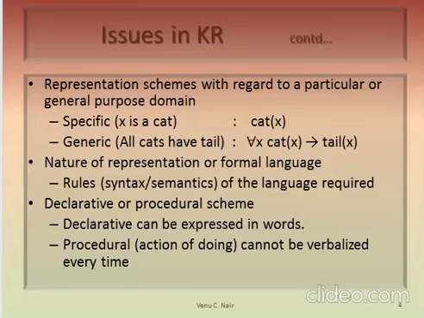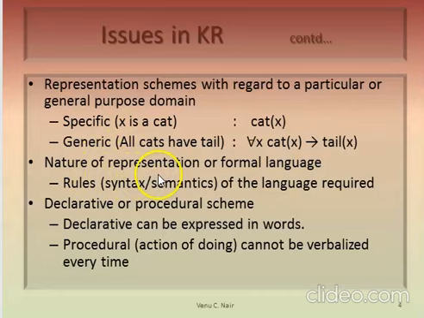For all the x, if x is a cat, then x is having tail. So these also have a difference in representation, specific taking a form, generic taking another form.